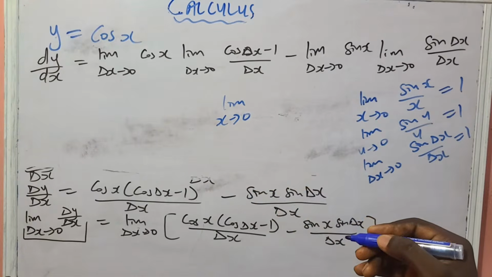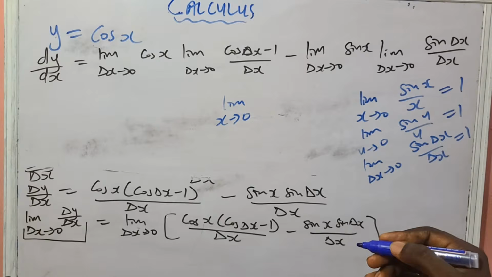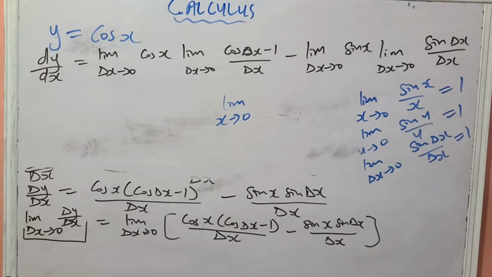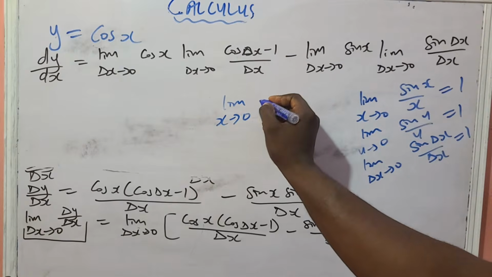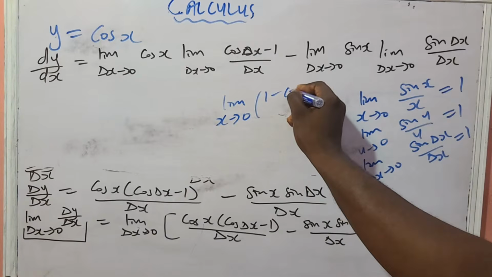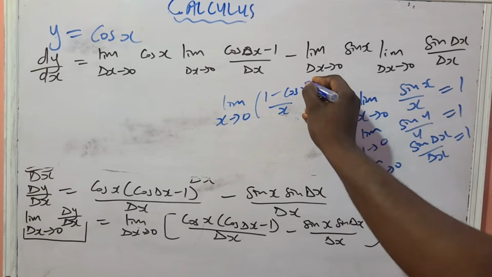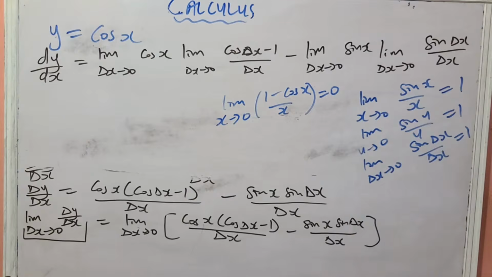So just follow through on what I'm doing. So when you have the limit of, you know, we're dealing with cos, if we have 1 minus cos x over x, this equals 0. The limit of this, please try and pay attention to what we're doing.